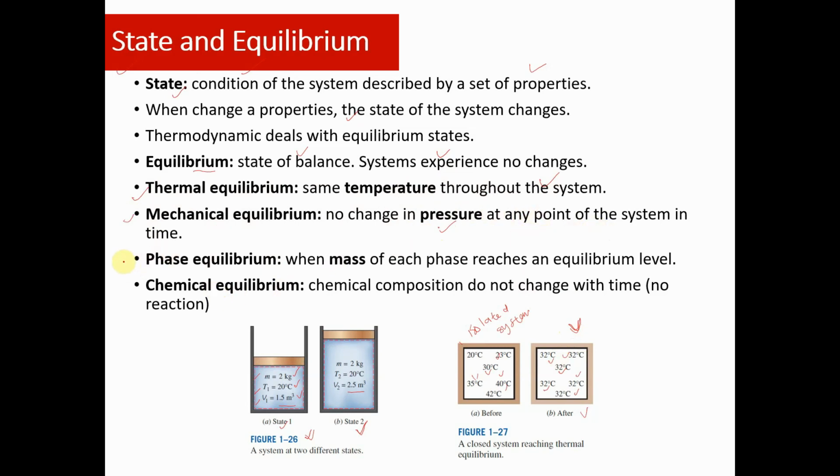It can be phase equilibrium, where the mass of each phase reaches an equilibrium, or chemical equilibrium, where the chemical composition does not change with time, meaning no reaction happens. So there are many types of equilibrium related to thermodynamics: thermal, mechanical, phase, or chemical equilibrium.